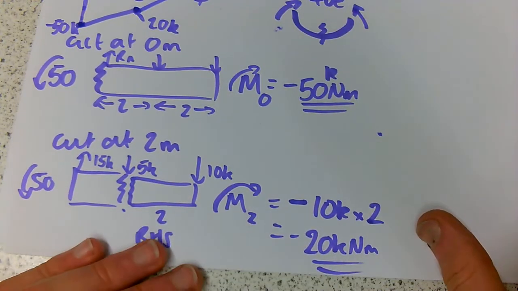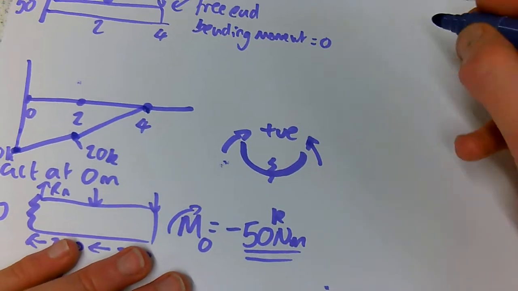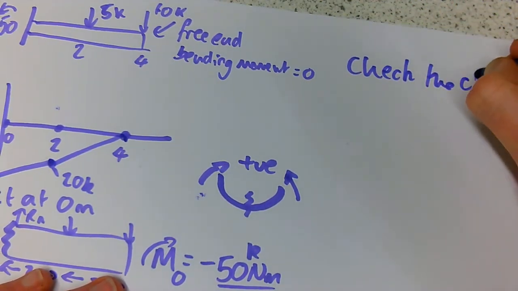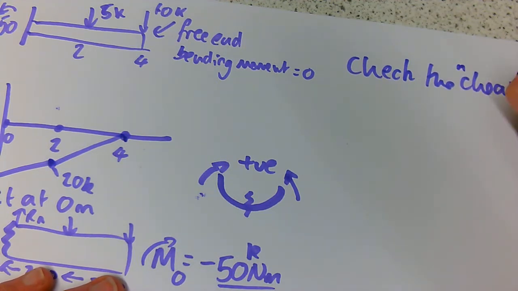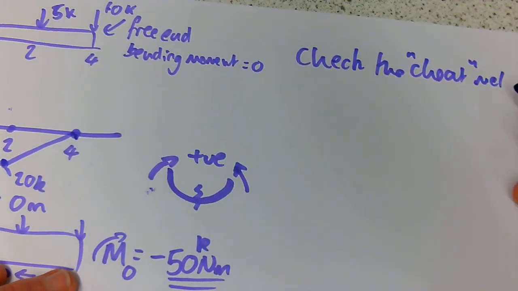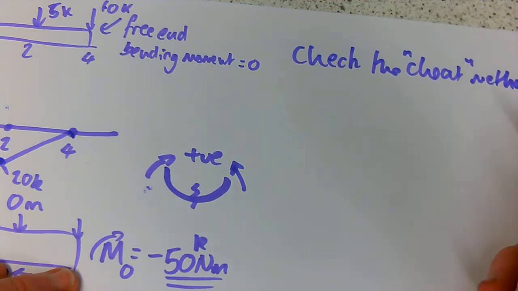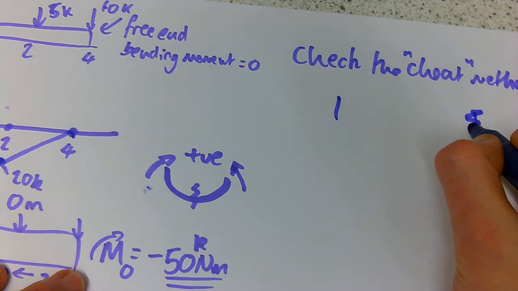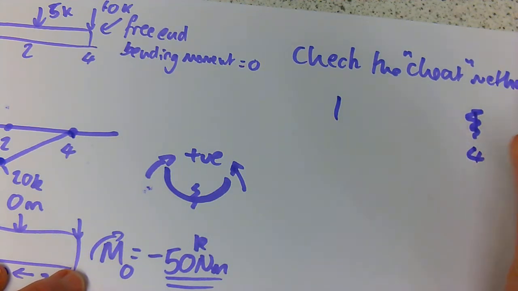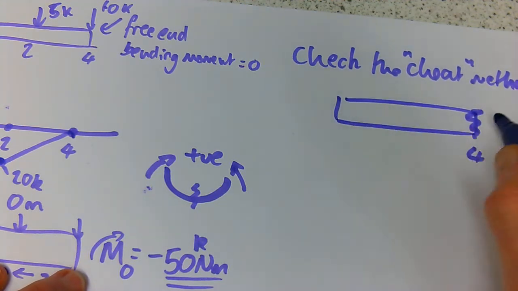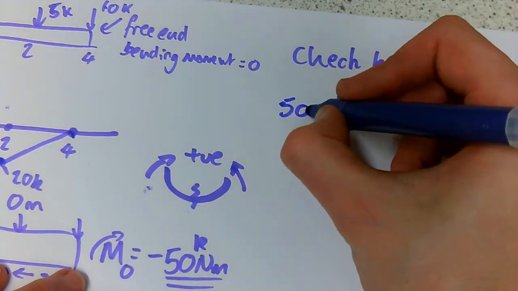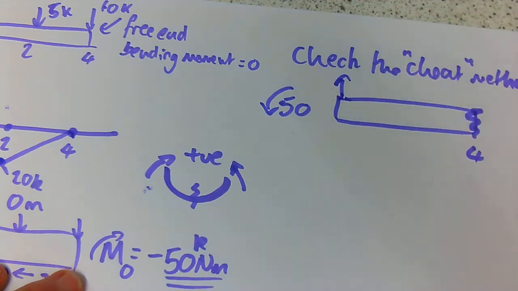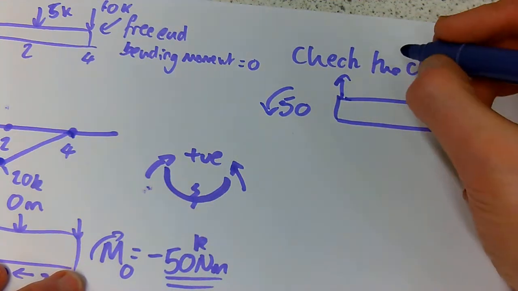You may wish to check the cheat method. You can do this by taking a cut of your beam at this free end, which is at 4, and calculating the total moment exerted by all the forces acting to the left hand side of it.